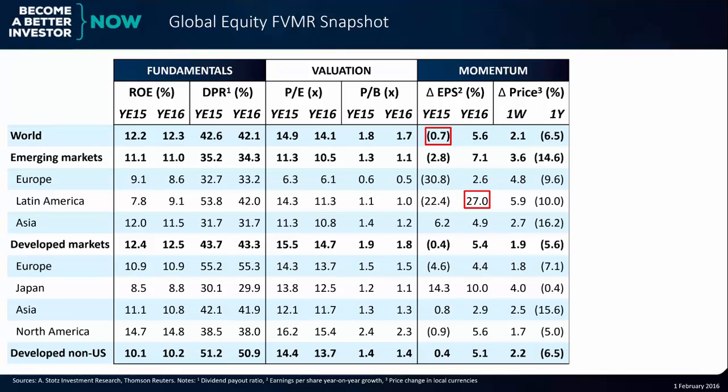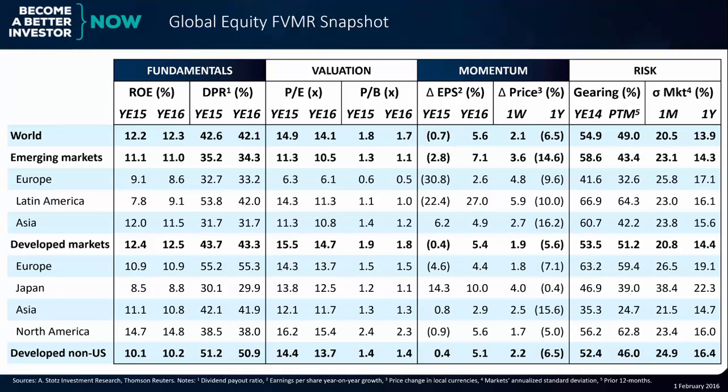And we can see, for instance, that the fastest growing area expected in 2016 is 27% in Latin America. Then, as far as price is concerned, we can see that the 1 year price performance of Asia has been crushing 16% down. And we can see that the smallest amount of down has been Japan, who's outperformed during that time.